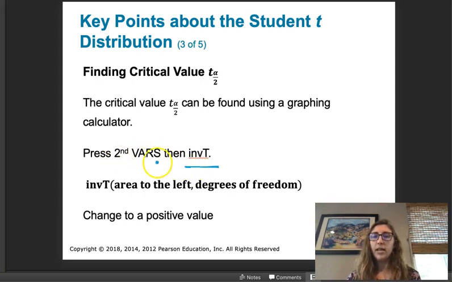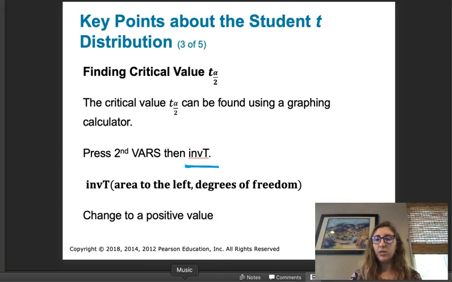If you go to second and then vars, you should see your inv-t right below your inv-norm. I will say that some of the TI-83 calculators don't have the inv-t in it, but you can very easily program that. So I will send you guys a link on how to do that. It'll probably take you 10 minutes on YouTube, and I can also help you with that.